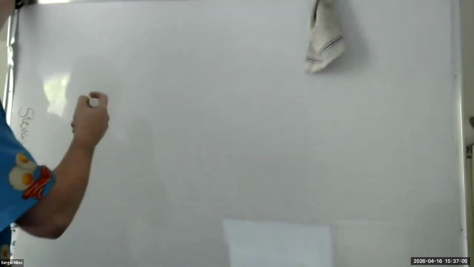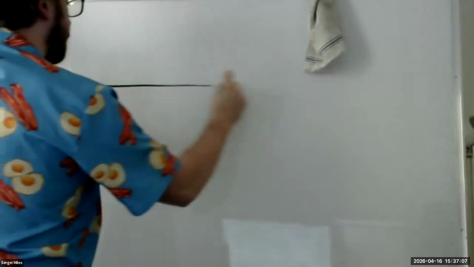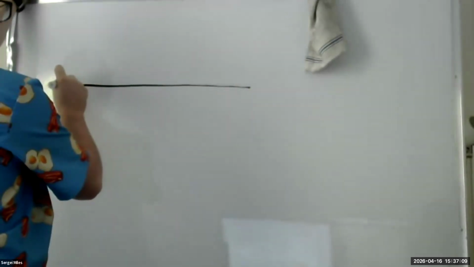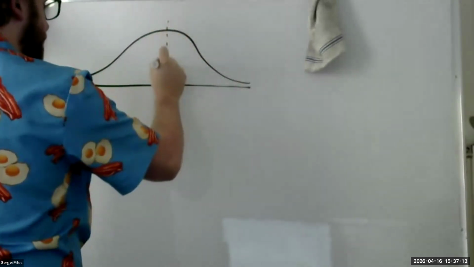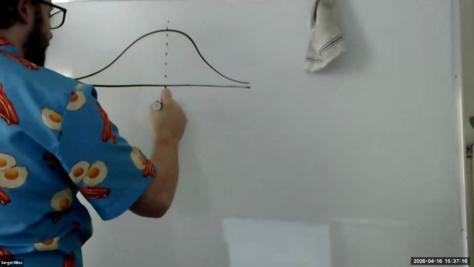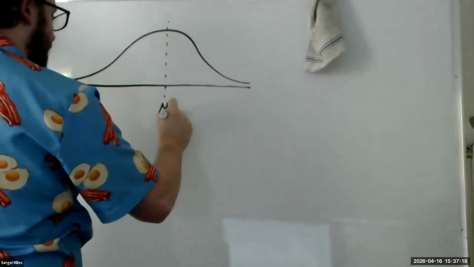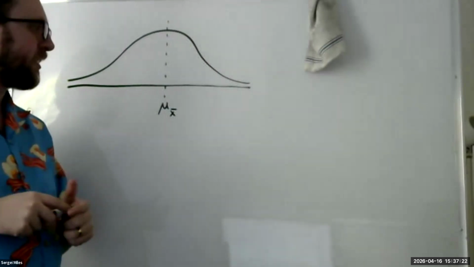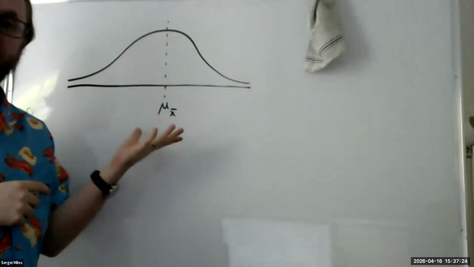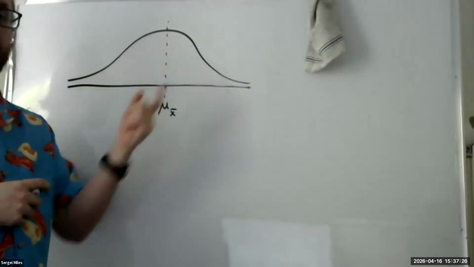If we back up to the normal distribution, which is the distribution we've been studying, I have a guess for what I think the average is. This is the sampling distribution average, but the true population average might be a little to the left or a little to the right.